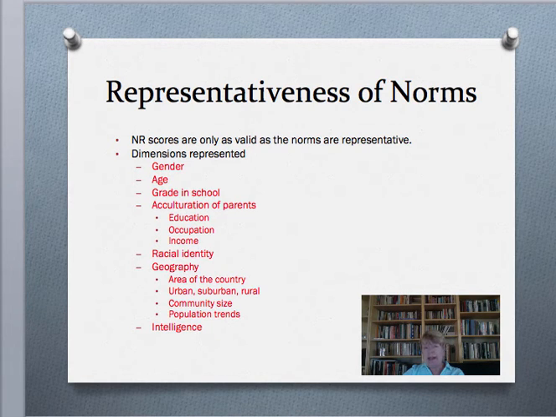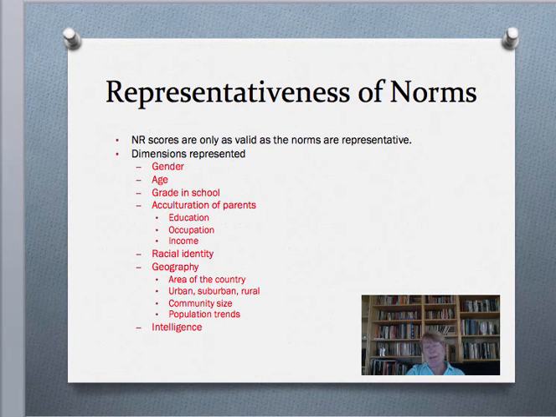And we look at education, the level of the parents, most often the mother, the female caregiver, is looked at because mothers have traditionally been the primary caregivers of children, and so they have the most significant impact on children traditionally. It's not always true, but test makers tend to look at the educational level of the female caregiver. Occupation of the family.